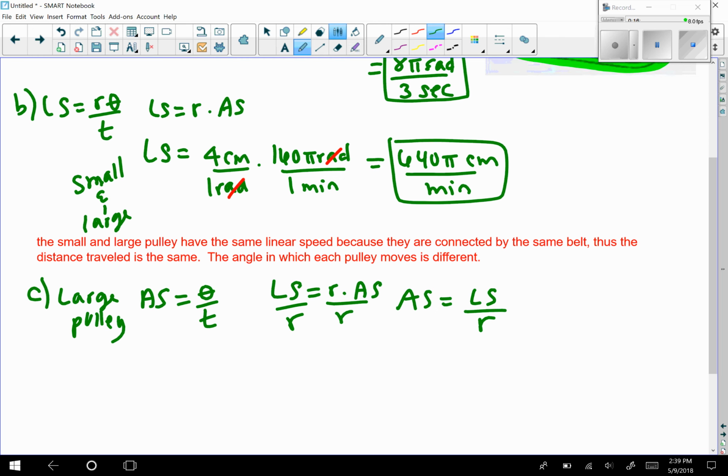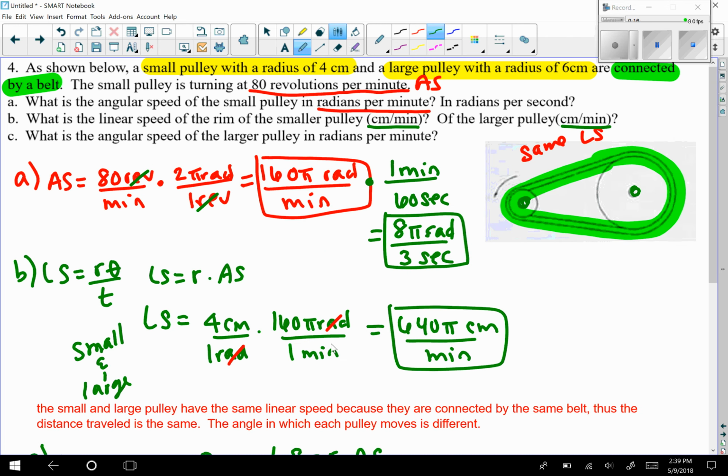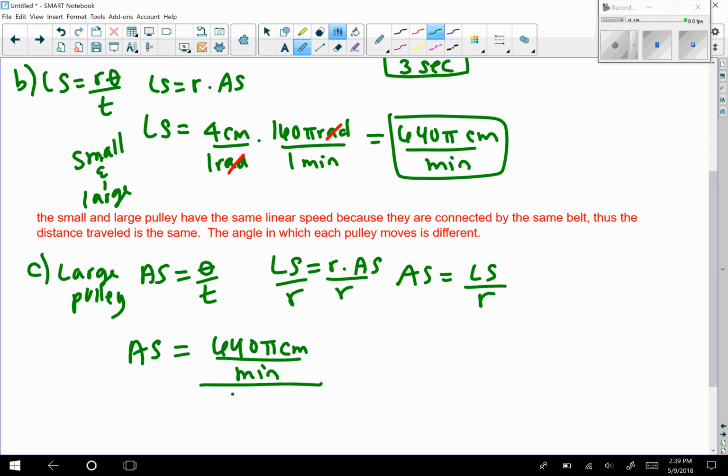So I'm going to use that in order to help me figure out the angular speed of the large pulley. So the angular speed is equal to, we said that the linear speed was 640 pi centimeters per minute. If we divide that by the radius, if I go back up here, the radius of the large pulley was 6 centimeters. So we're going to use that. So divided by 6 centimeters. Remember, your radius is always over 1 radian.